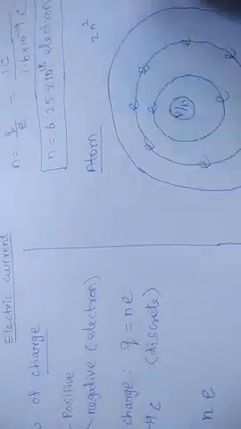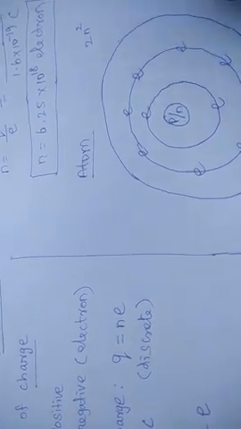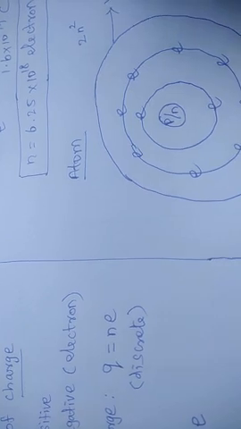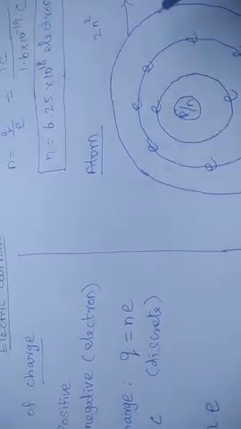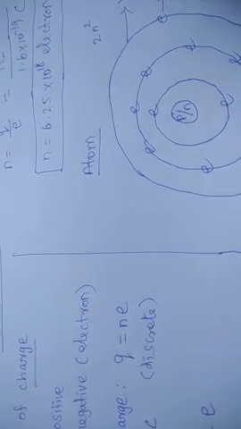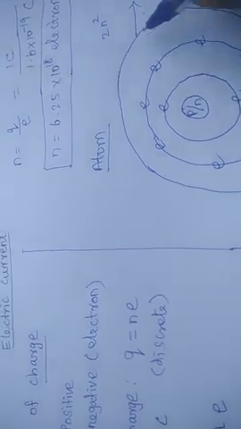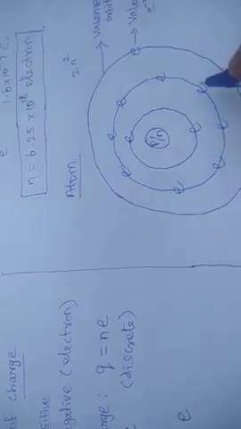In our structure, I consider this third orbit as the outermost orbit. The outermost orbit is called the valence orbit. The electron present in the valence orbit is called a valence electron.